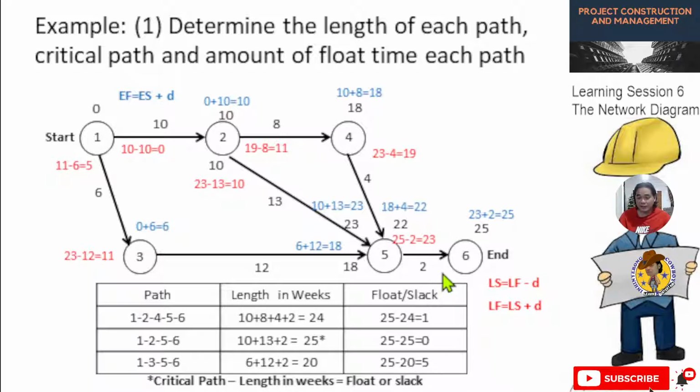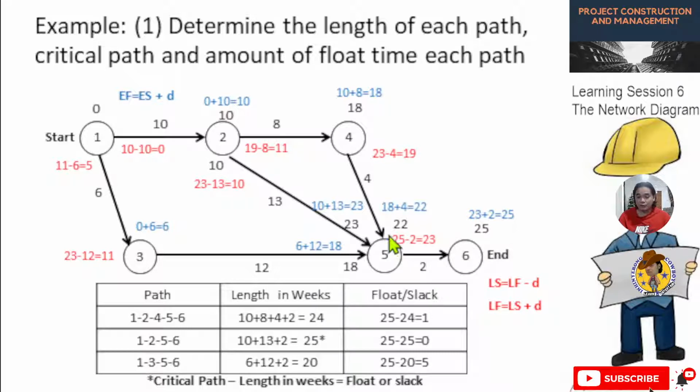So it will become 25 minus 2 equal to 23. So this will be the last start for this activity. So 23 days. After that, we have three paths.